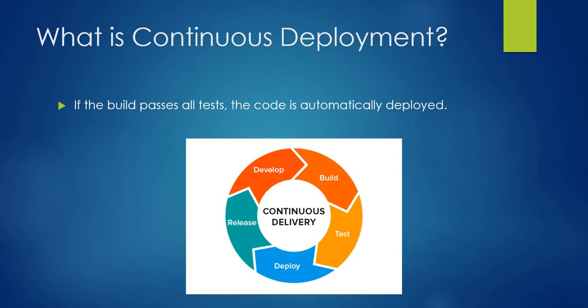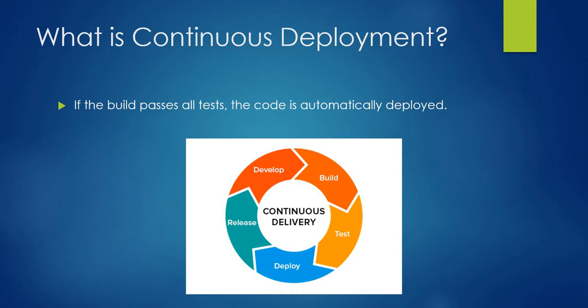And so you can kind of see that illustrated here in this graphic that you have the developers create something, make some changes in the code, they commit it and push it to an online repository. That code is then sent to a build server of some kind, and all of the tests are run.